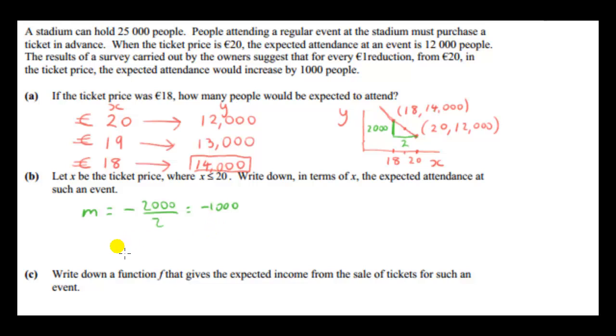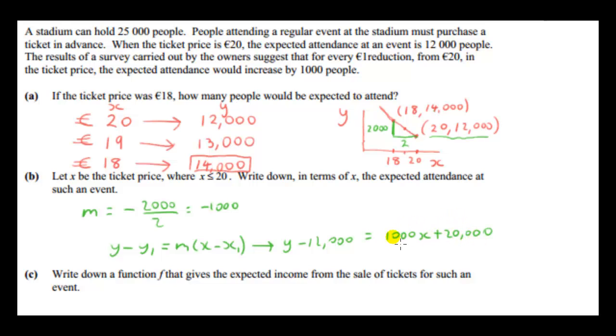And the equation of any line is y minus y1 equals m times x minus x1. So let's use this point here. So y1 is 12,000. So y minus 12,000 is m, which is minus 1,000, multiplied by x minus x1. So x1 is 20. Of course, we can use any point on the line to get the equation of the line.